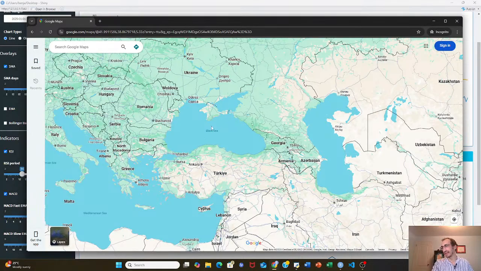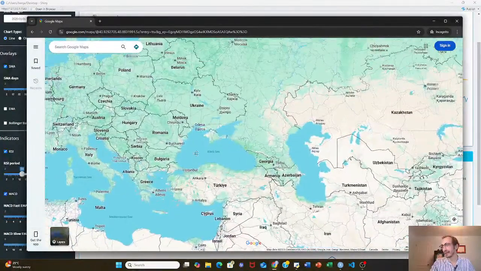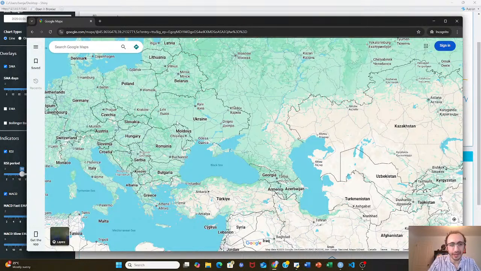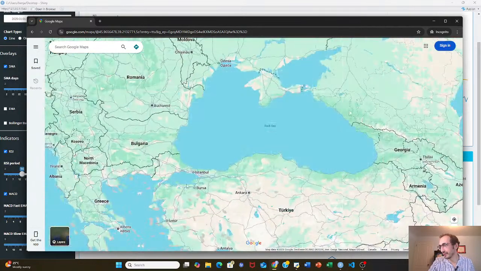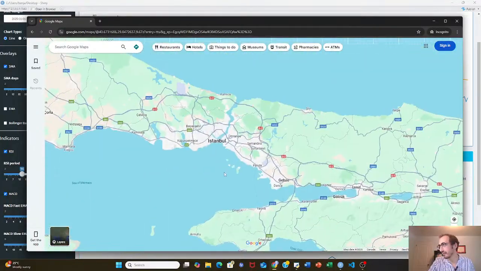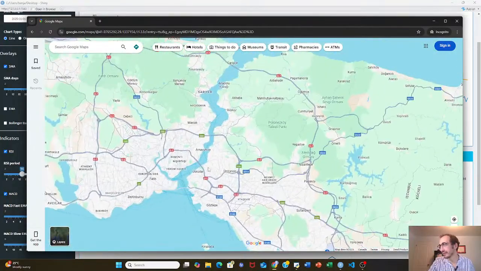Yeah, Black Sea. So basically when the war in Ukraine and Russia broke out, it affected a lot of the shipping routes coming out of the Black Sea. There's the strait right here, the major shipping route.